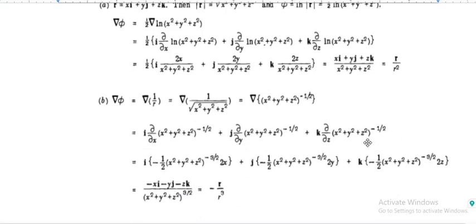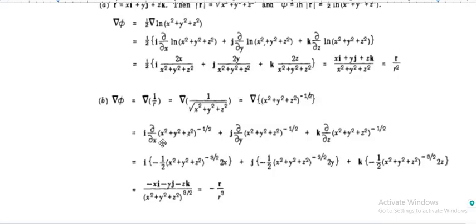Now the last factor: here we need to find the gradient of 1 by r. Again we know what r is. r is the square root of x square plus y square plus z square. So obviously this can be written as x square plus y square plus z square to the power minus half.